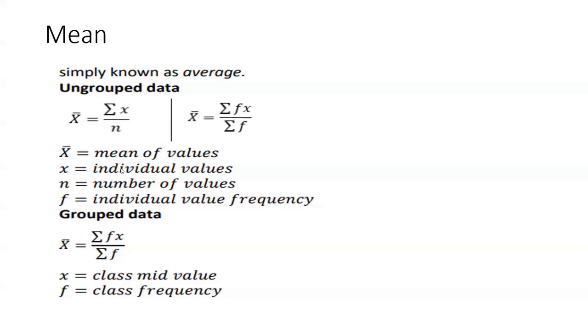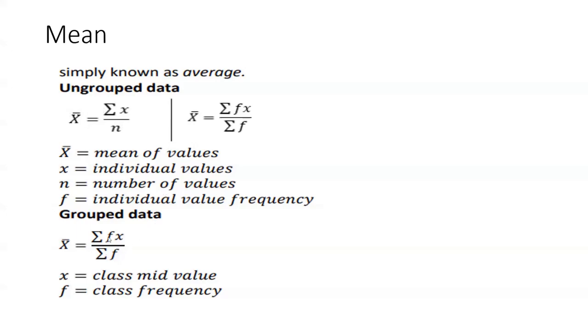If each data point has an individual frequency, then we can use this formula to calculate the mean: summation of f times x divided by summation of frequency. This is when you have frequency. But if you don't have frequency, you only get the values of x, you total them, then divide by their number, and you'll still be able to get the mean.